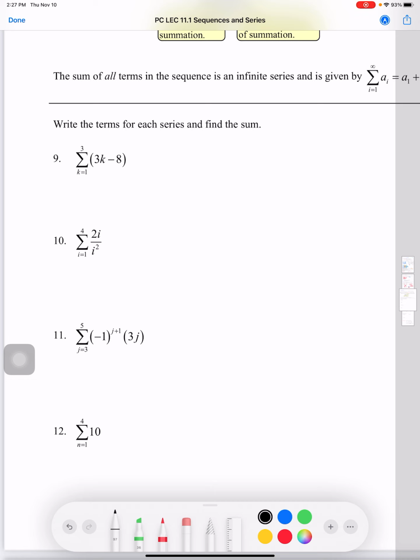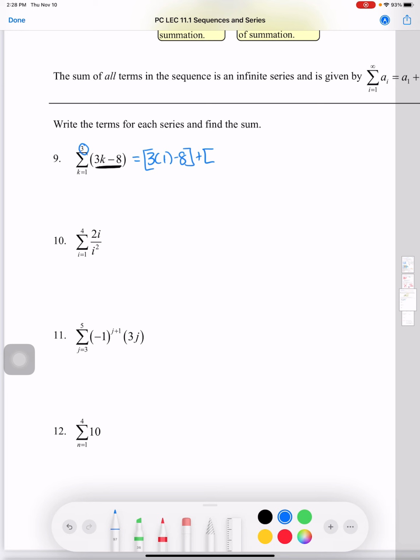But what number 9, for example, is asking me to do is substitute into that expression. My first value that I substitute in will be 1. So this is going to be equal to 3 times 1 minus 8. I'm going to bracket this off. We're going to do that for every whole number from 1 to 3, which tells me where to stop.